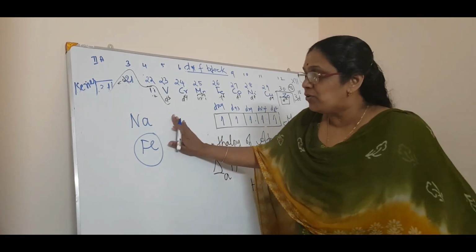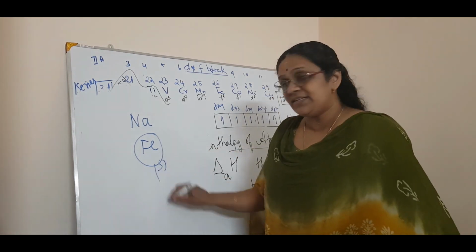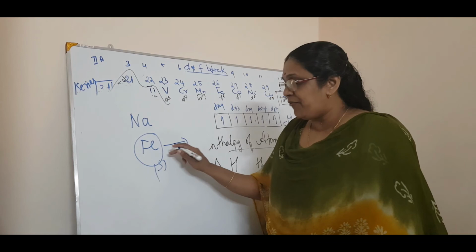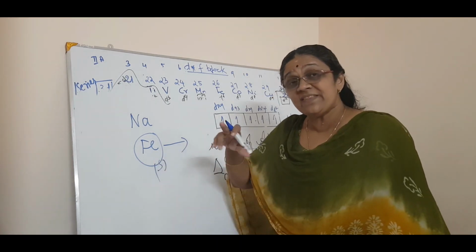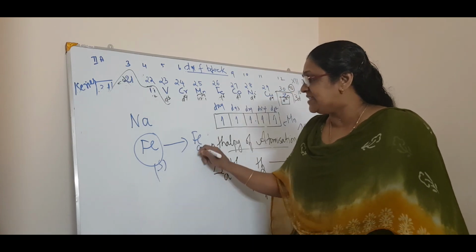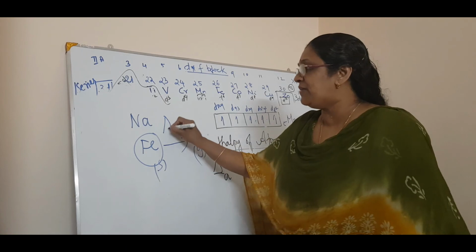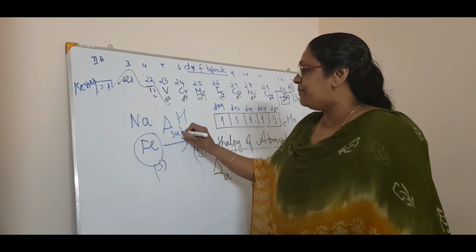But when you talk about enthalpy of atomization in metals, a metal is a solid, right? It has to go to the gaseous state. So here you have to go from the solid state to the gaseous state, so the enthalpy of atomization must be the enthalpy of sublimation.